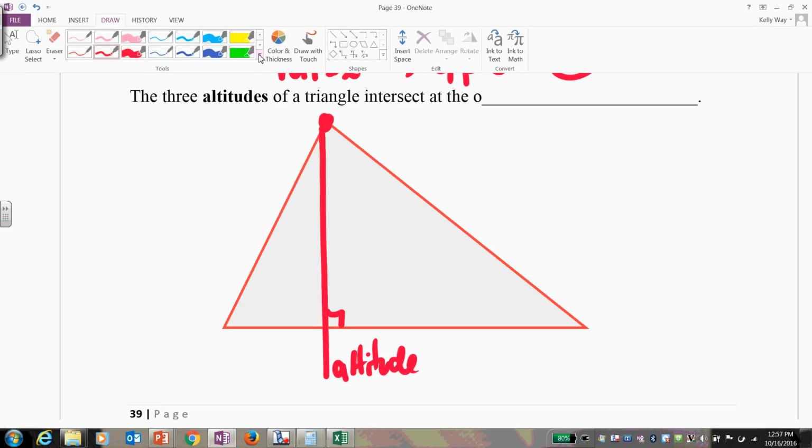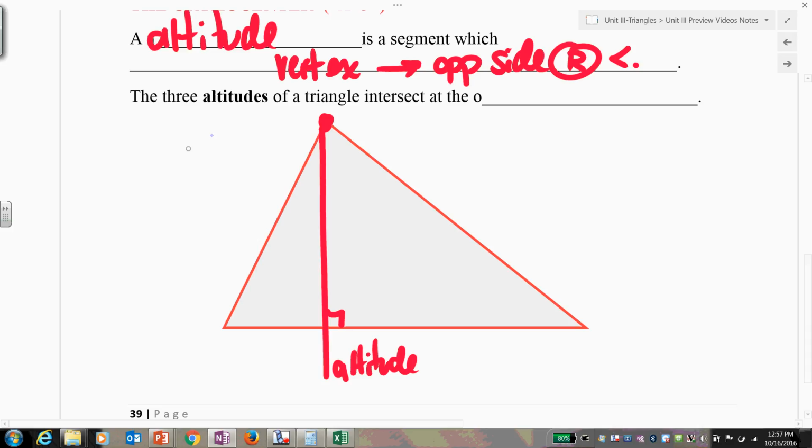Let me switch colors so it's easy to see. Let's go this way. Vertex, and we're going to go at a right angle to this opposite side. Make sure it's at a right angle, so get your straight edge out. And you're shooting to make a right angle.